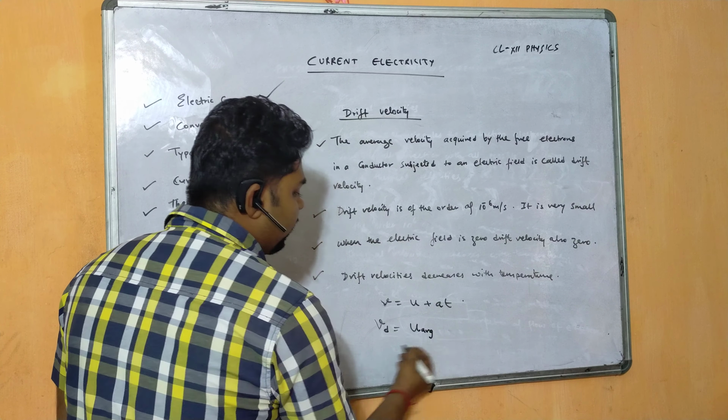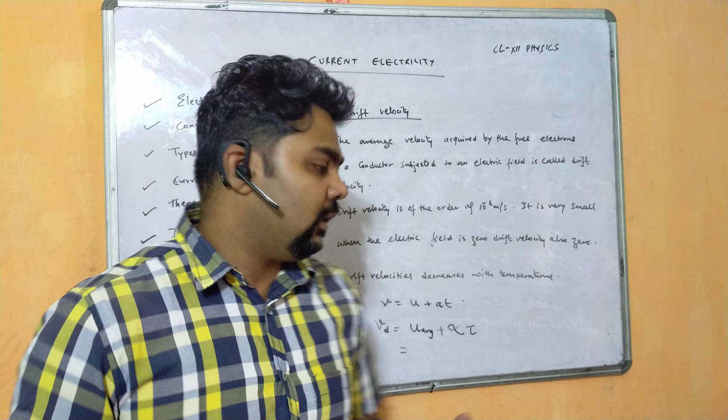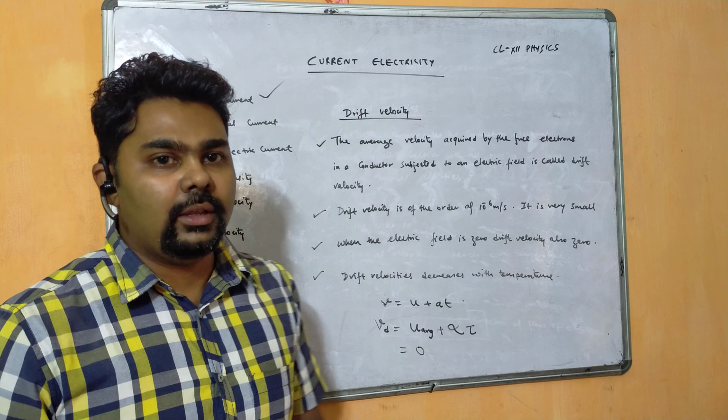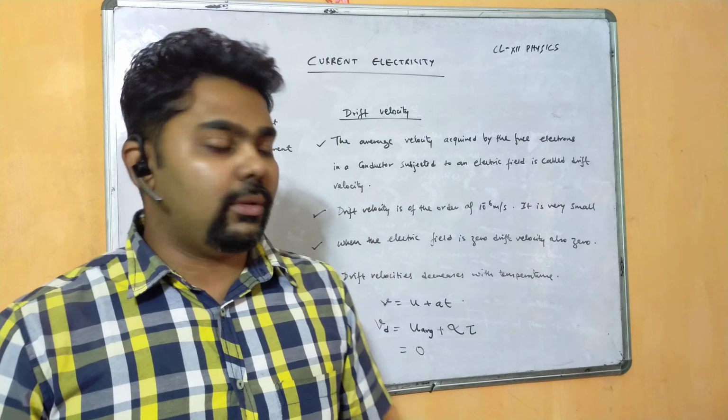The average velocity of the electrons inside a conductor before connecting the electric field, before connecting the battery, is considered to be 0. Just now I said that the average thermal velocity is 0. Similarly, the average initial velocity of the electrons inside the conductor is considered 0.